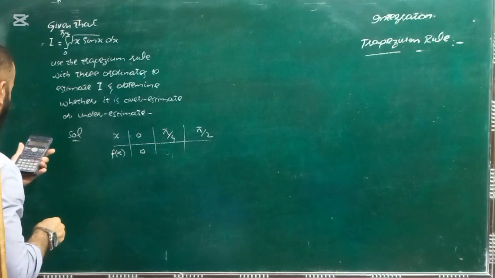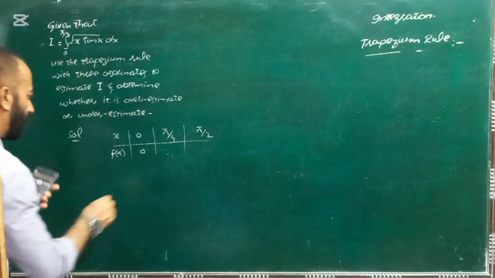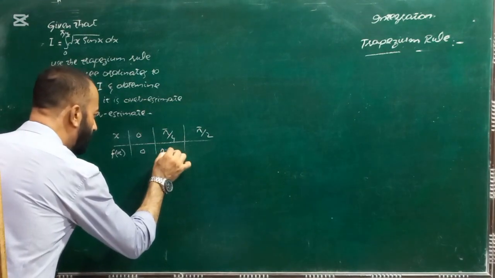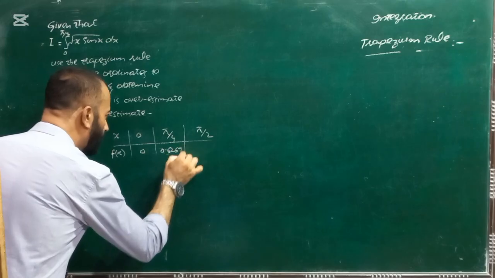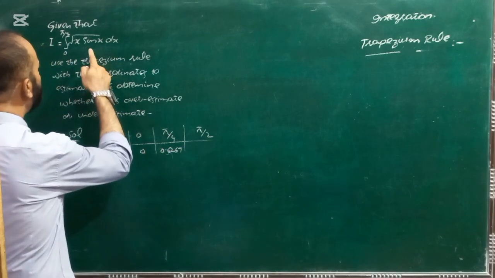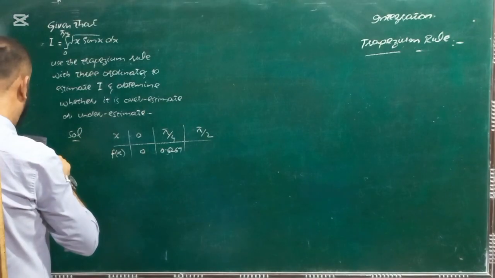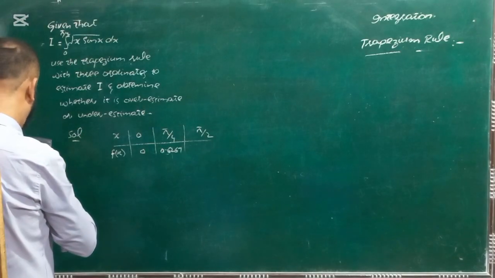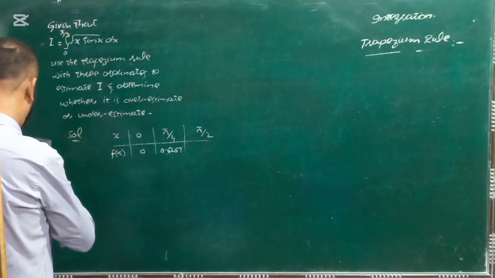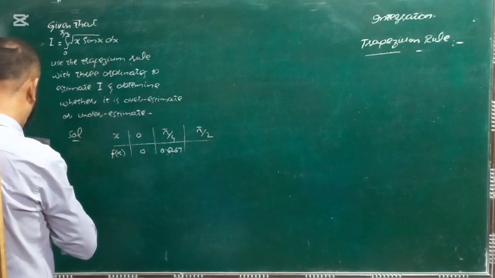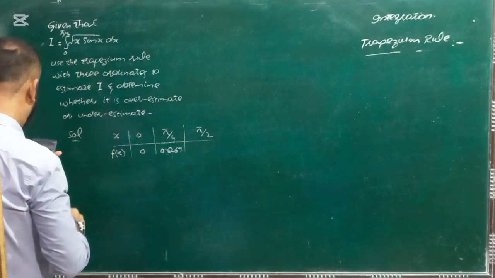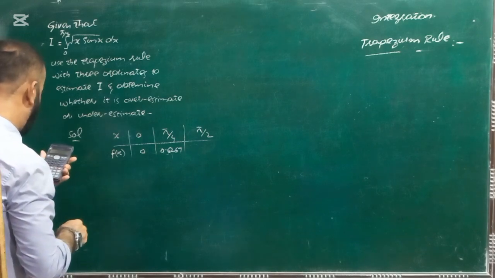Answer is 0.6267. Okay, now pi by 2, sine pi by 2 is 1. So square root of pi by 2, bracket close, 1.2533.